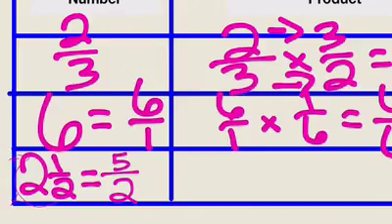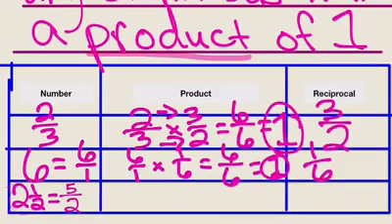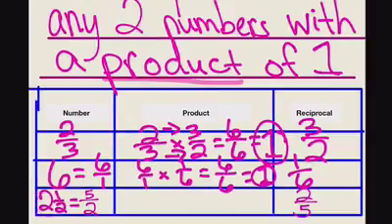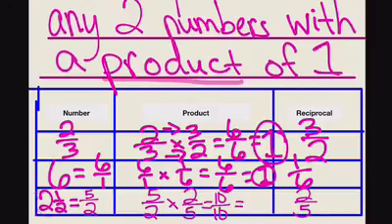The reciprocal of 5/2 would be, that's right, 2/5. Let's double check with multiplication. 5/2 times 2/5. 5 times 2 is 10. 2 times 5 is 10. And 10 divided by 10 equals 1. So we can see that those numbers really are reciprocals of each other.